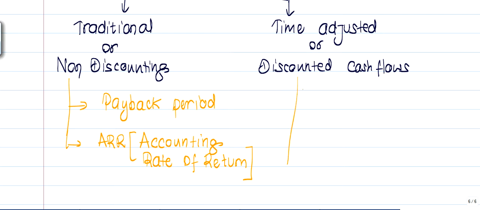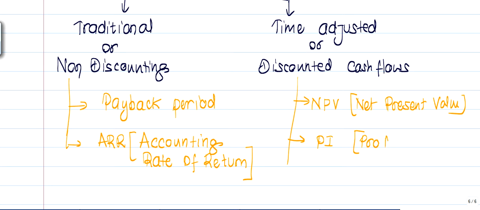Under discounted cash flow, first one is NPV, net present value. Next comes PI, profitability index.